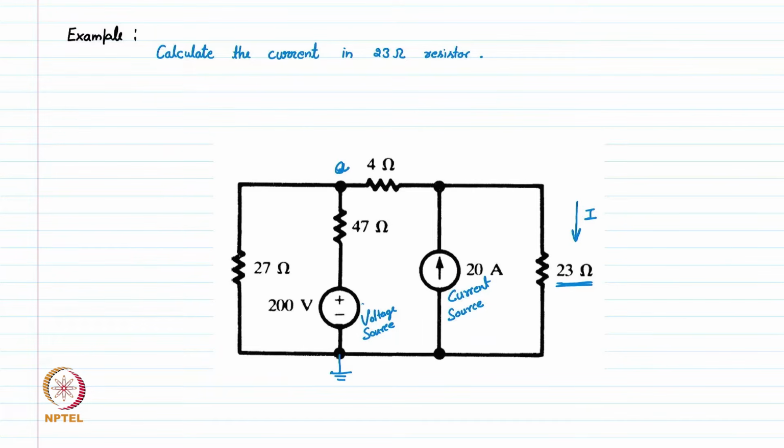And this current source is also pumping some current into this node, let's say B, and some amount of that current will also go into this branch of 23 ohm, causing some current. So we want to calculate the total current in this 23 ohm, so that we can solve using the superposition theorem. Let's see how we solve it.